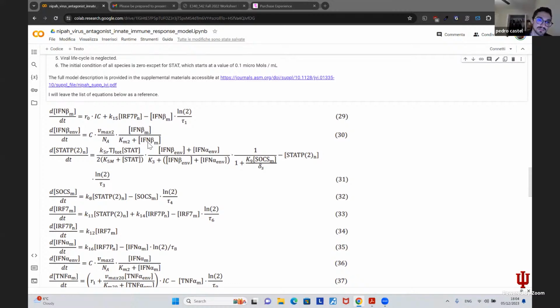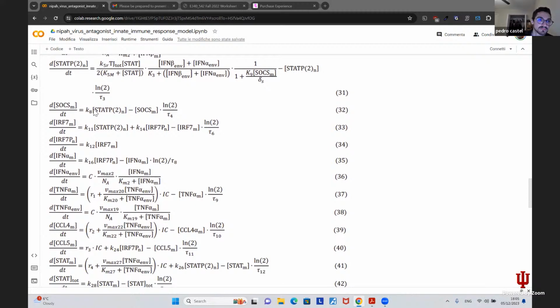So they don't care about the different phases of production, secretion, etc. They are modeling both together. This huge equation, 31 here, is the consequence of lots of assumptions they made, and they algebraically manipulated the equations to come up with this as a result. So I will not explain what's going on here.